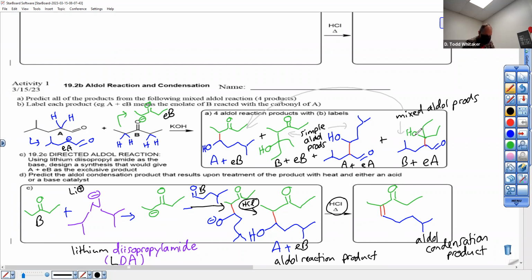And you would come up with exclusively this, proving that mixed aldol products can be made using what's called a directed aldol reaction. That's this whole box. Is a directed aldol reaction. And there you have that. Good start.